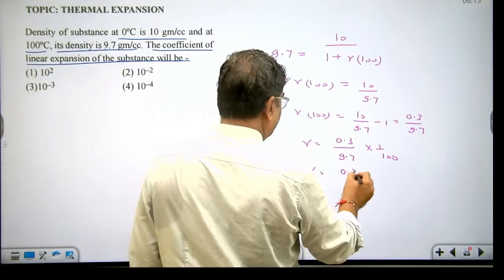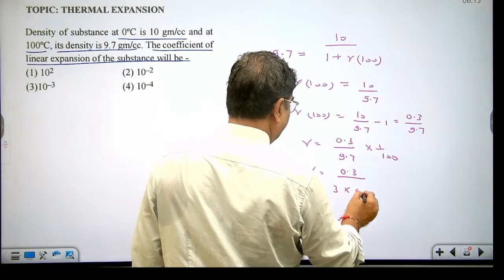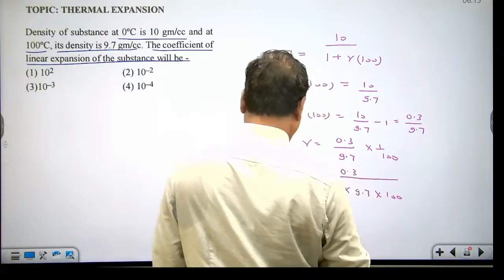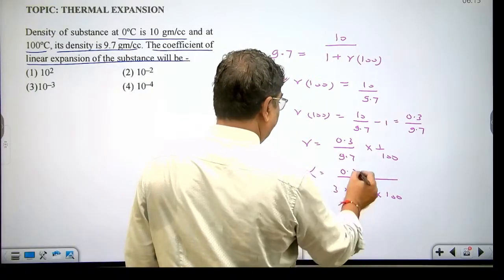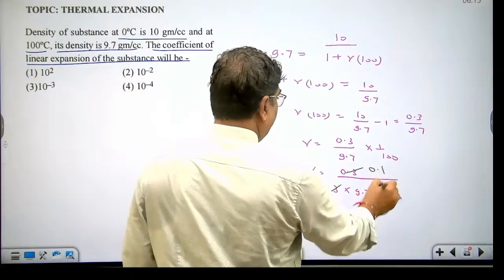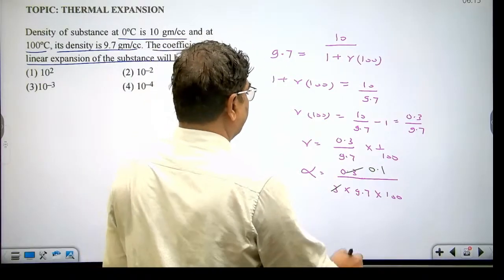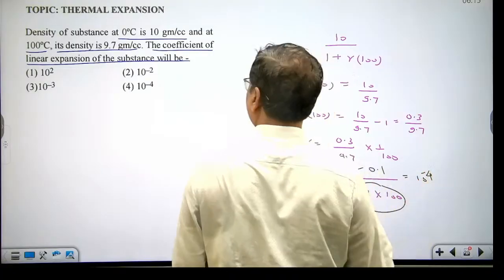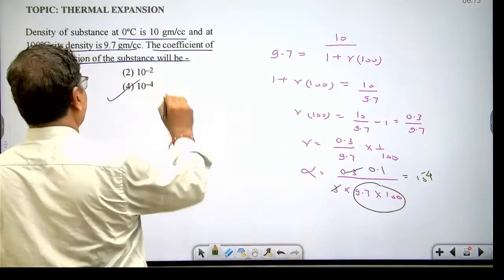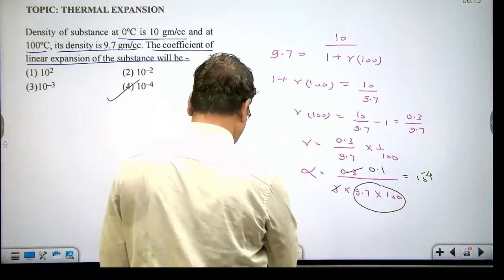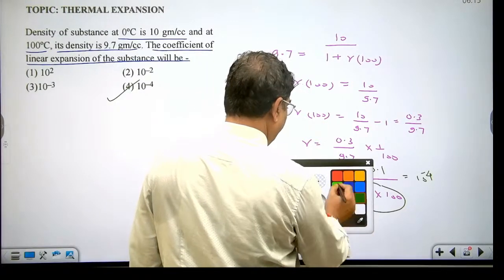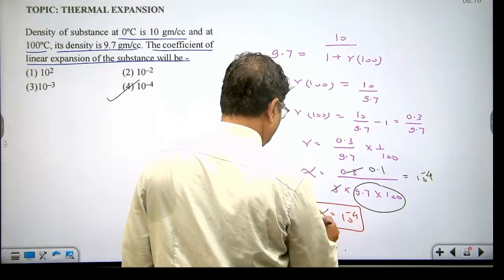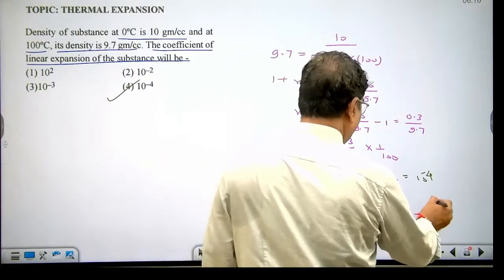Alpha equals 0.3 upon 3 into 9.7 into 100. So dear student, now you can see this will get cancelled by 0.1. If we take this as 10, so this is 10 power 3, so the answer will become 10 power minus 4. So the correct answer is option 4. Out of 4 choices, option 4 is the correct answer.